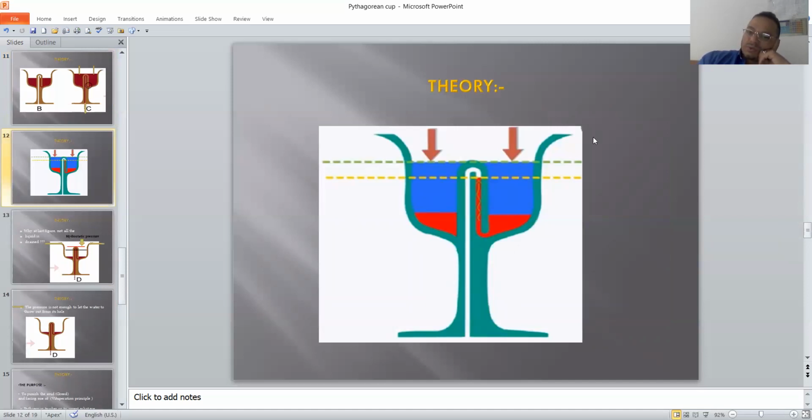Here I will use this figure in the conclusion part to discuss another thing. When we are dealing with two kinds of liquid that have different densities, what will happen?